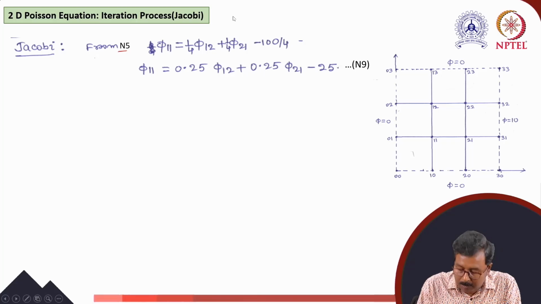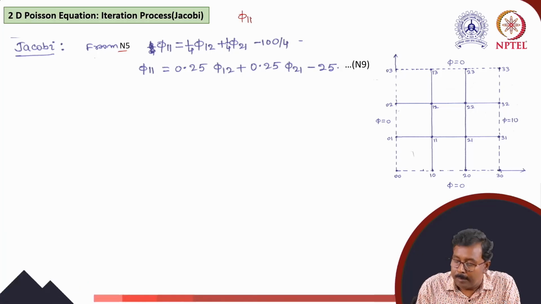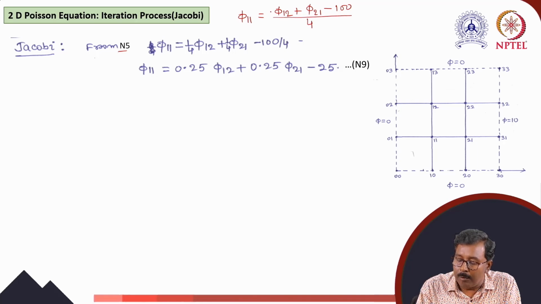So phi 1 1 is phi 1 2 plus phi 2 1 minus 100, whole divided by 4. That is why it is 1 by 4 phi 1 2 plus 1 by 4 phi 2 1 minus 100 by 4.